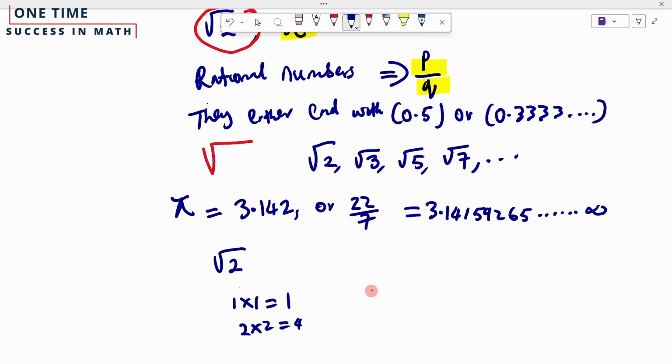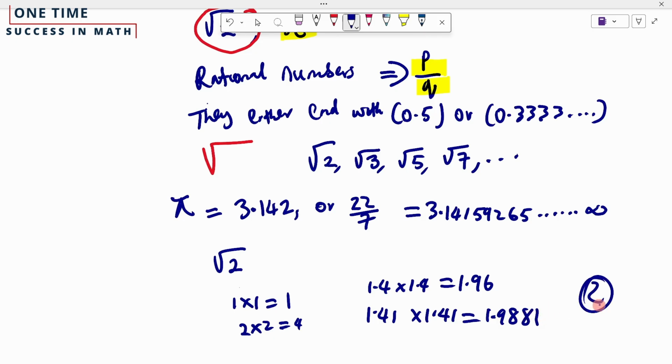Even if you try decimals, let's say 1.4 times 1.4, you will get 1.96. It's still not close. If you multiply 1.41 times 1.41, you will get 1.9881. You see that you can keep adding decimals forever, getting closer and closer, but we'll never hit exactly 2.